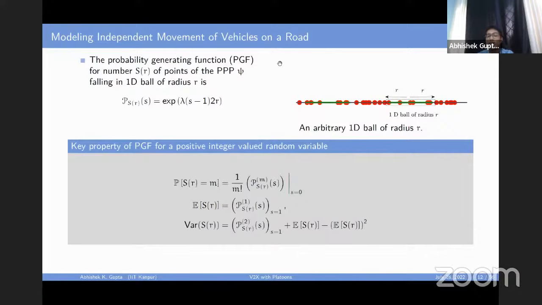So we can compute the PGF of it, and if you know the PGF, you can compute the PMF or the expectation and variance very easily by computing the derivative of this PGF. So in this work, we have mainly focused on computing the PGF so that we can compute the probability mass function and the moments very easily from this.